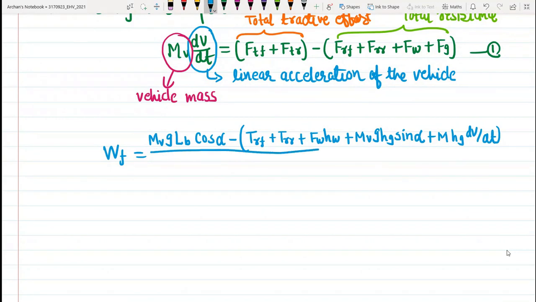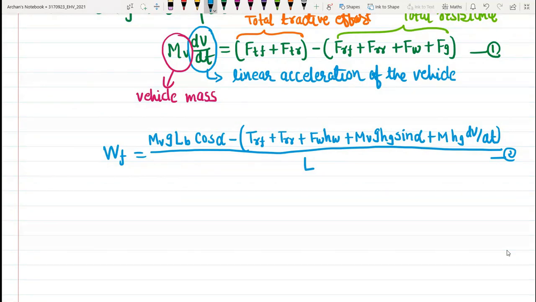And this entire equation needs to be divided by the length of the vehicle, that is L. Okay, let us call this equation number 2, right? So this was the load acting on the front axle.